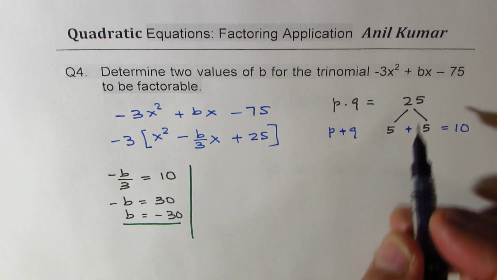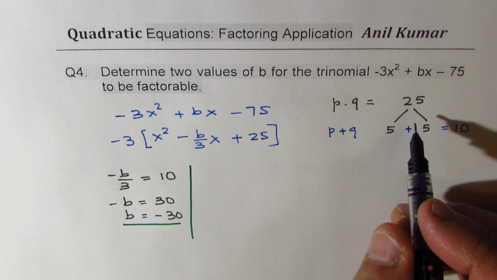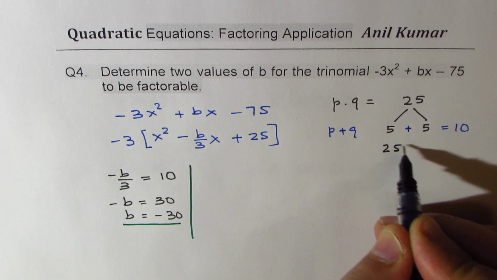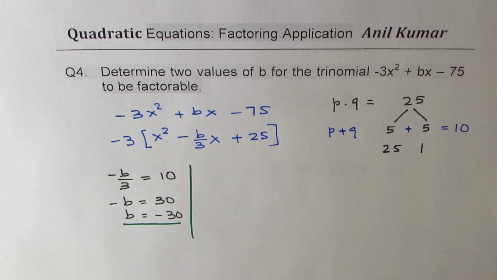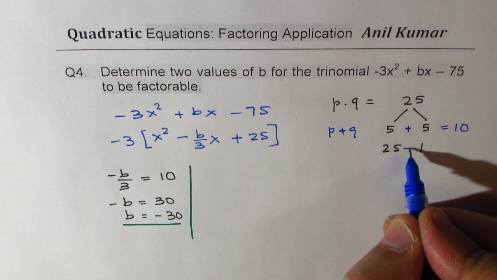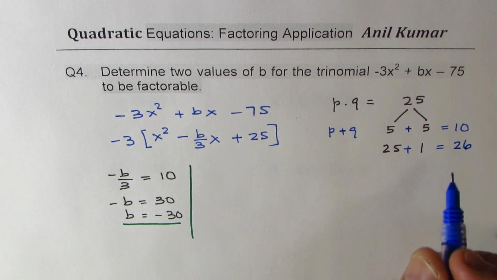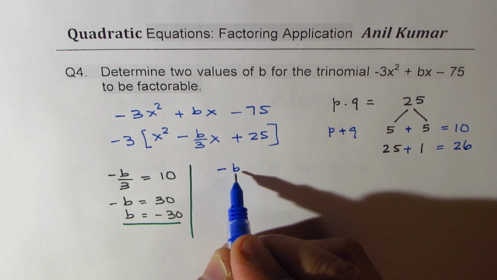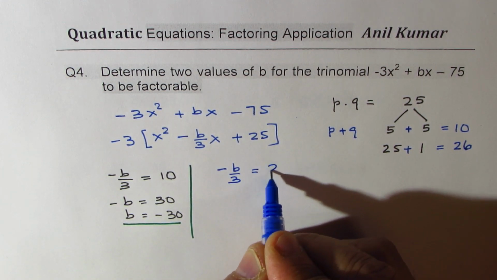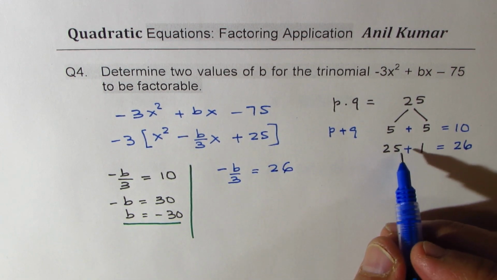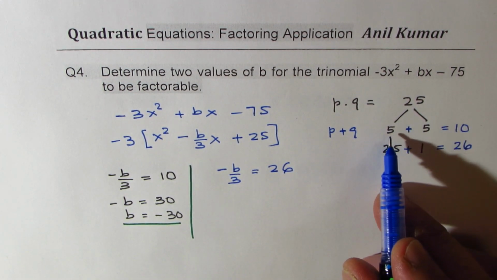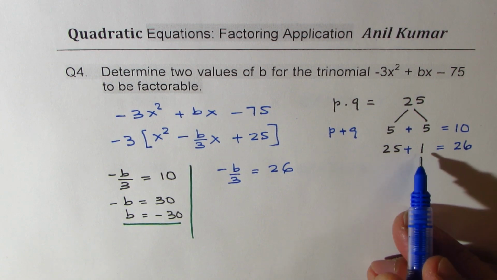Now second combination, we could get 25 as 25 times 1. And when you add these, then you get this as 26, right? So in that case, you get minus b by 3 is equal to 26, correct? So you could get 5 times 5 or 25 times 1.